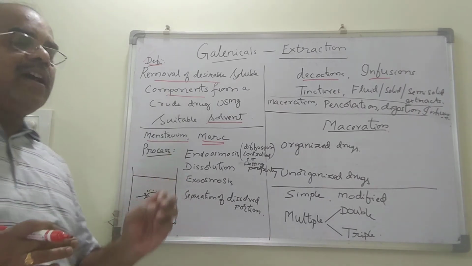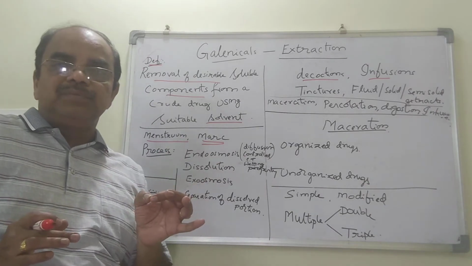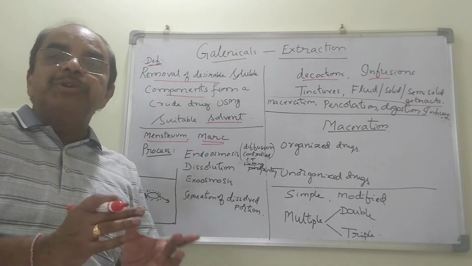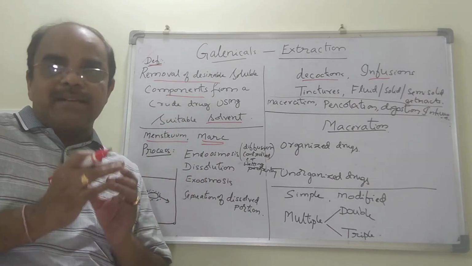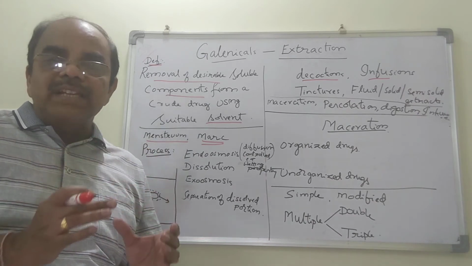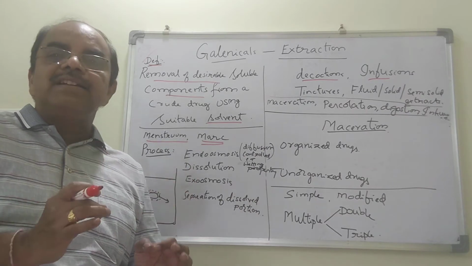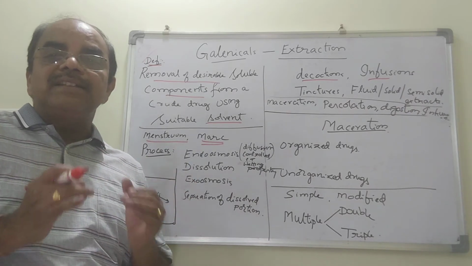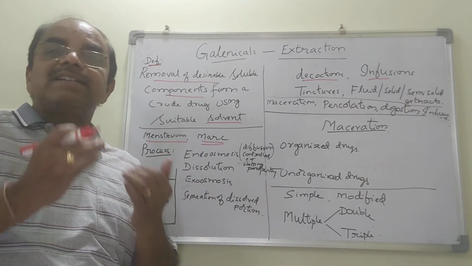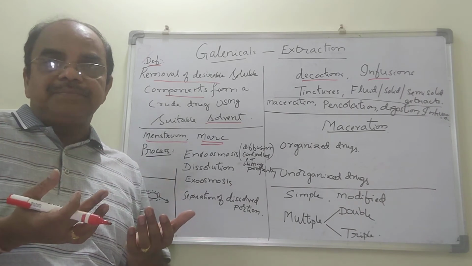First of all, take the crude drug, dry it and comminute it, that means convert it into small particles. What is the reason for making small particles? If you reduce the particle size, surface area increases and extraction efficiency increases.